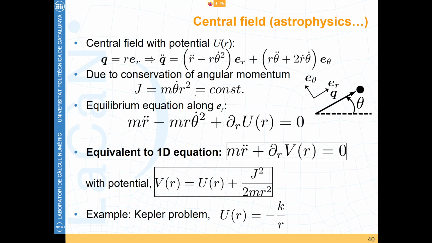The time derivative of this term again gives m r double dot, minus this term which we measure, the derivatives along this direction e_r that we have.